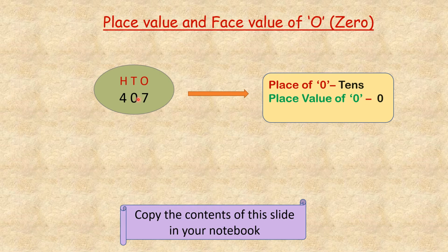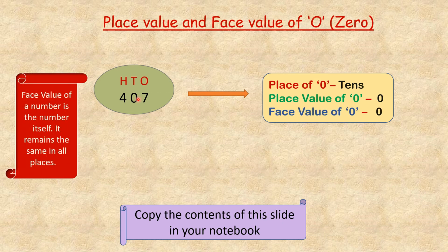Whichever house 0 goes to, its place value will not change. It is 0. Coming to face value, the face value of a digit is the digit itself, which we have already learned. So the face value of 0 is 0.